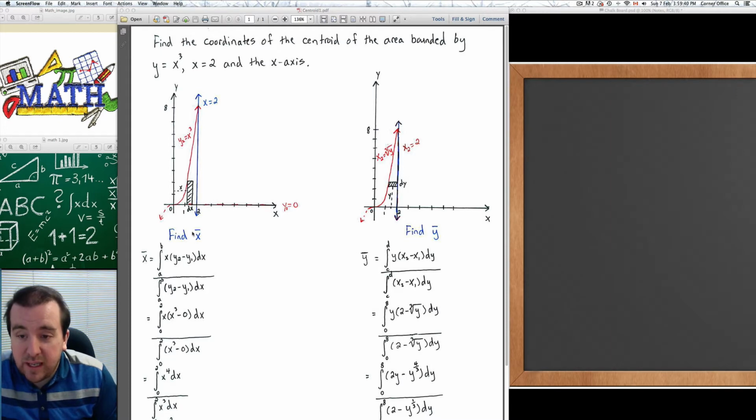So to find x bar, notice we need to use vertical elements here, dx, right? So each element dx is a distance x away from the y-axis. So we need to use our centroid formula, which is this: x bar equals integrate from a to b. Now our a starts from 0.